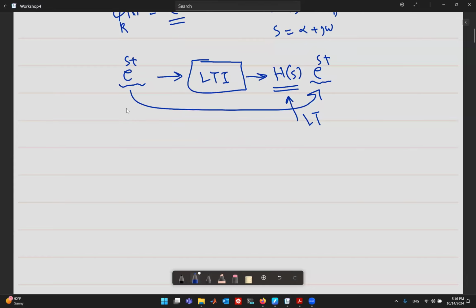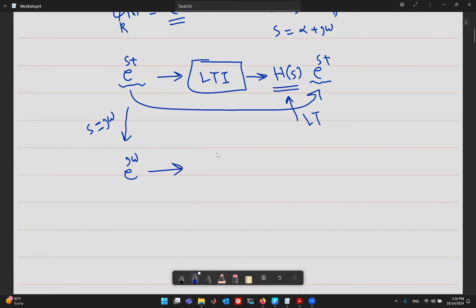And in the special case when s is purely imaginary, this becomes e^{j omega t}, because s is just j omega, purely imaginary.